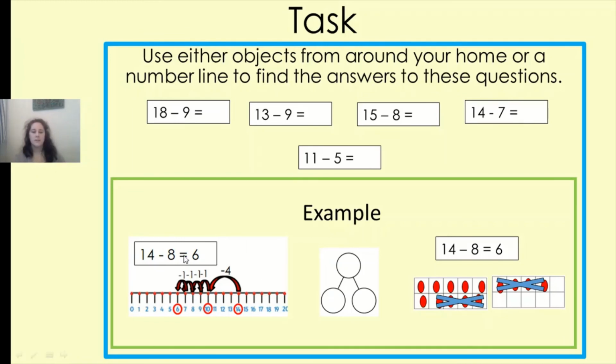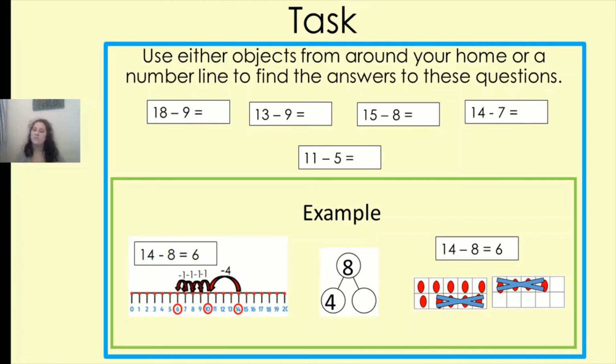So in my example, my question was 14 take away 8. Now I've done this on a number line and using objects, but you can just choose one way that you would like to do it. Now I knew I was taking away 8 and I had to partition this. So I got 8 in my part-whole model. I knew that I needed to jump back to 10 first, which was going to be a jump of 4.